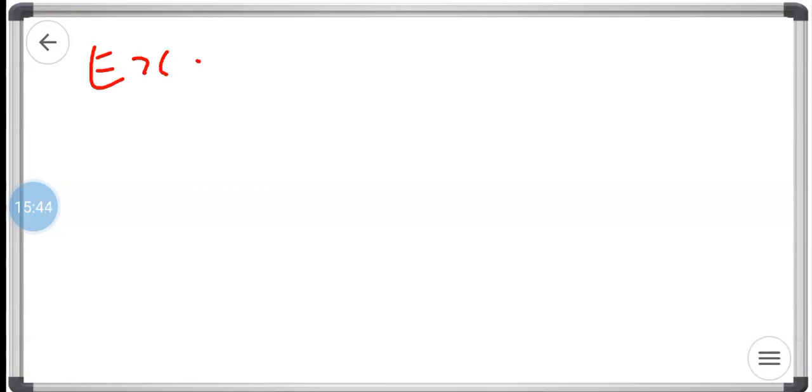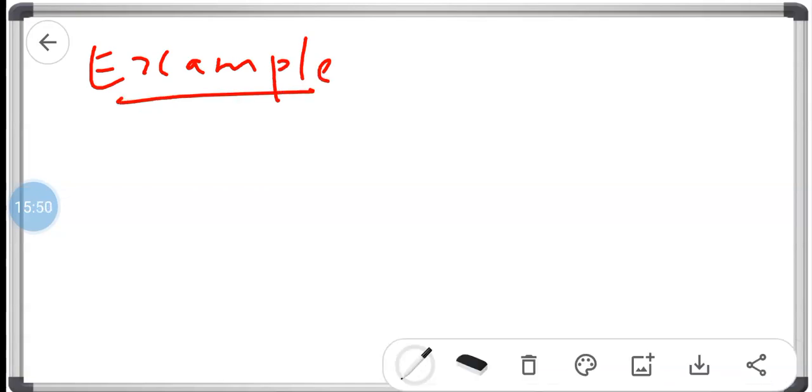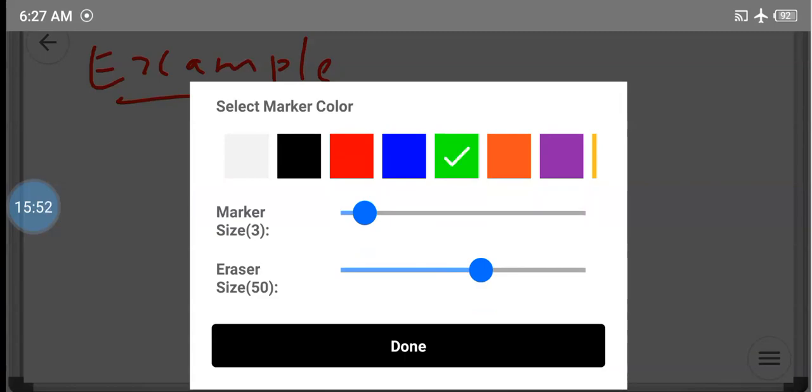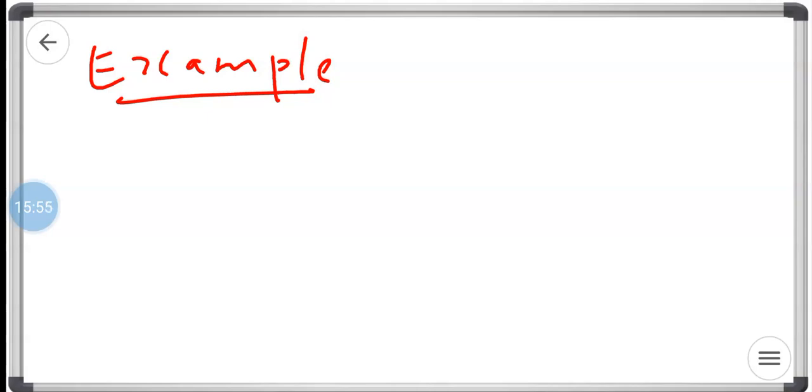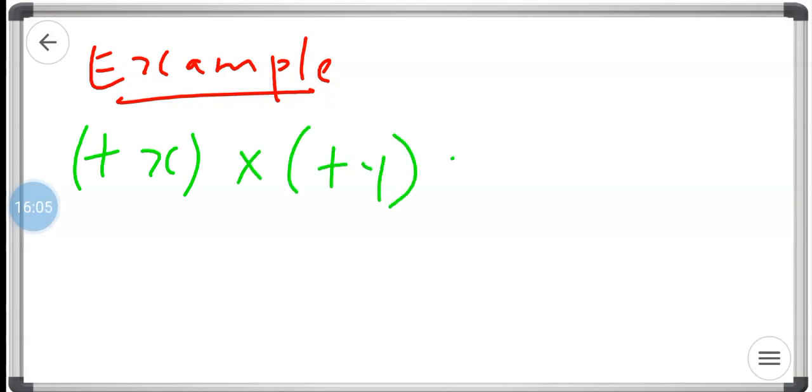Example. Plus x multiplied by plus y. Now, if you look at here, we said the product of two terms that are in like form is positive.